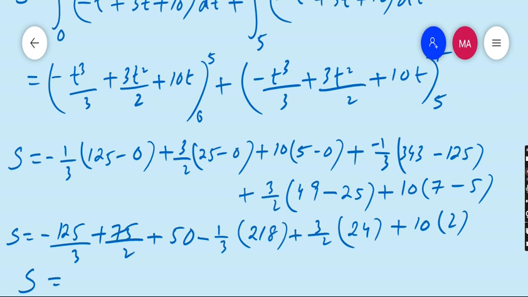Now first I have to do working on these three with the help of a scientific calculator. Minus 125 upon 3 plus 75 upon 2 plus 50 is 275 upon 6.